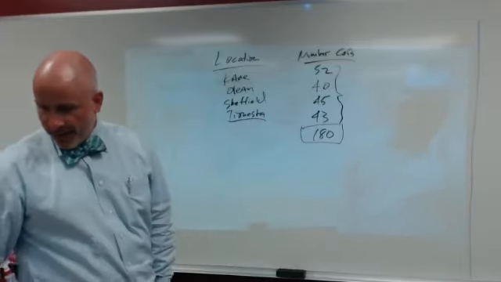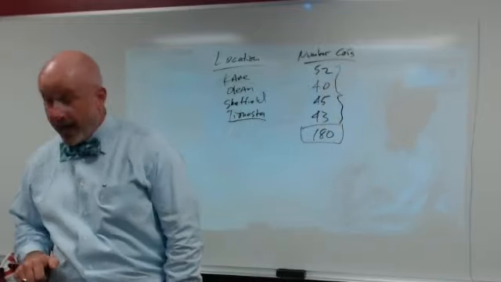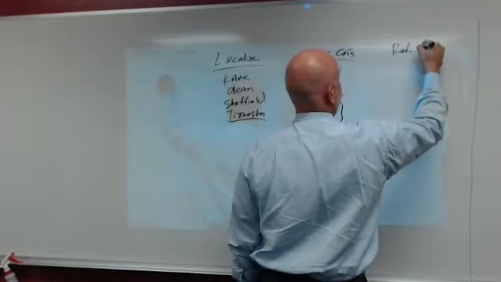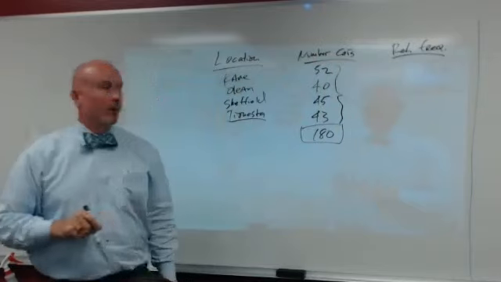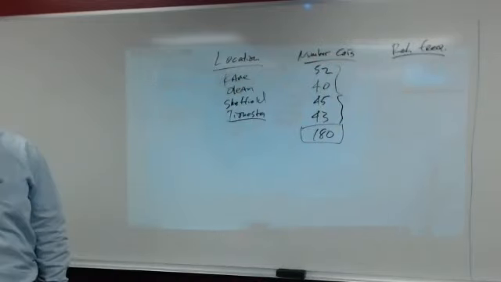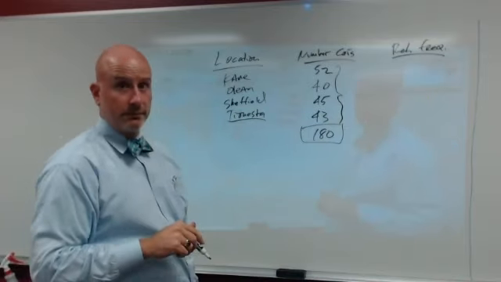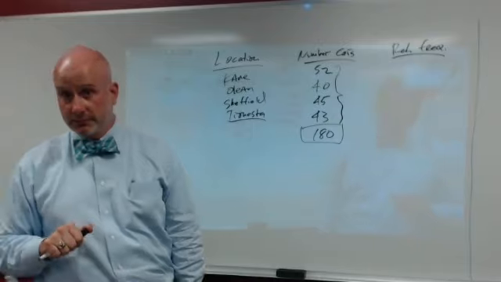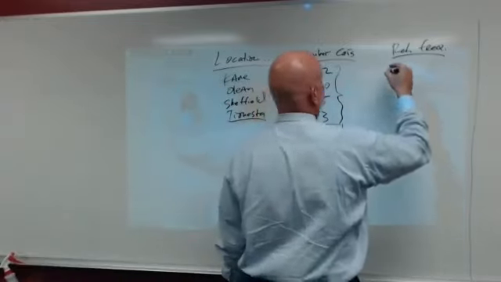Now, if I want to talk about a relative frequency, we can add one more column here. What percentage of cars were sold in Olean? 22%. Well, how would I get that number?